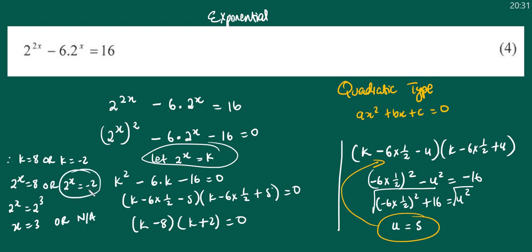This one, there is no solution because there is no value of x that you can put here that will give you a negative number. So you tell them 2 to the power x is always greater than 0. You can't even get 0. There's no number that you can substitute here on x and get an answer of 0. There's no solution to that, okay? So that means your x should be 3.